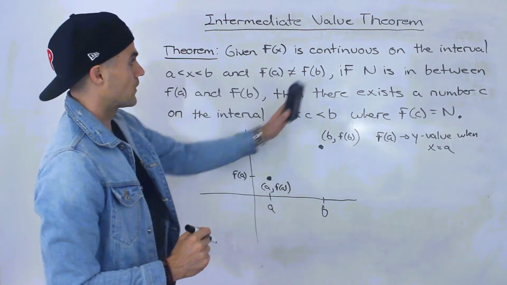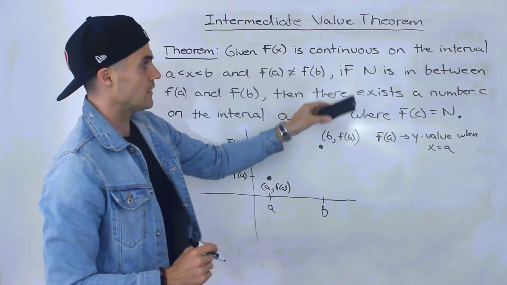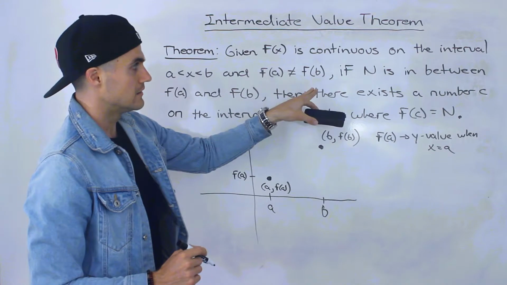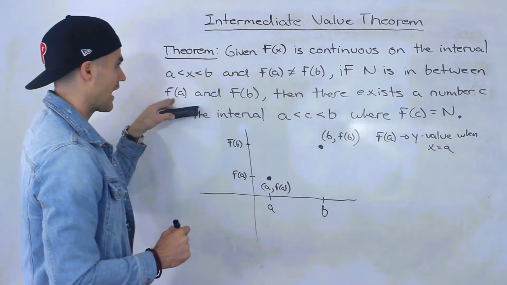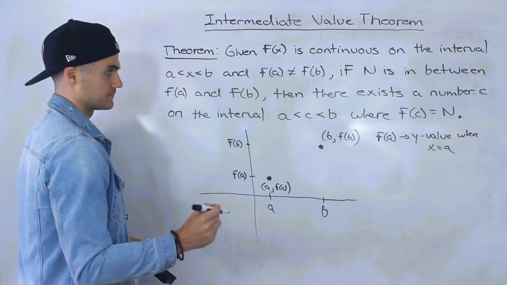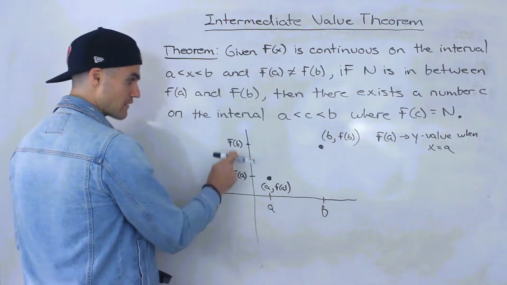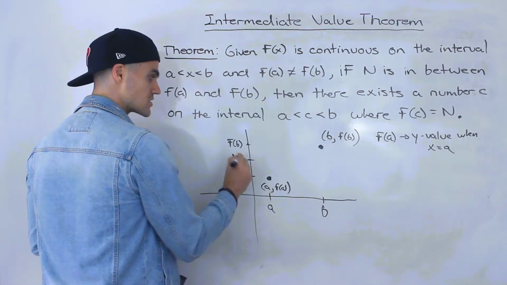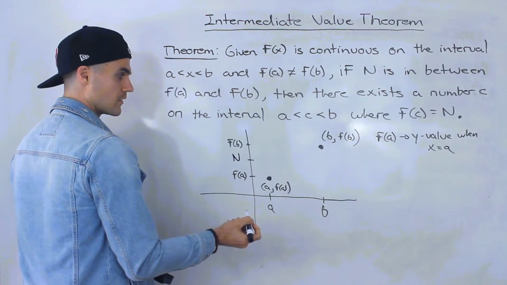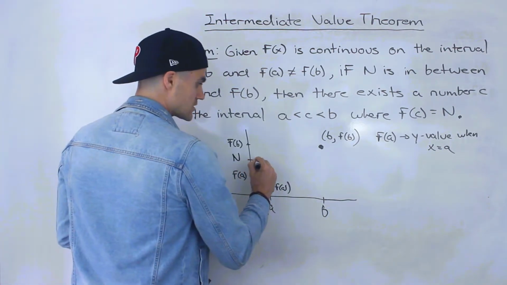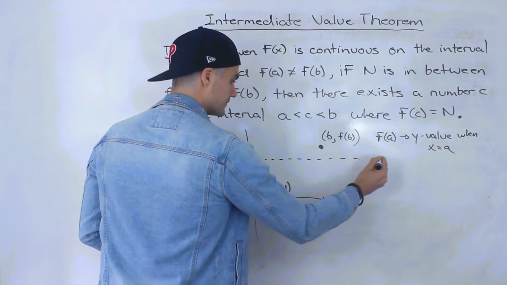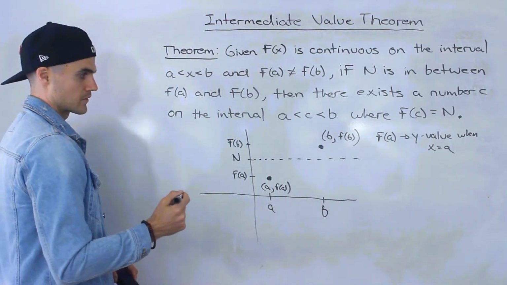Okay, so we're up to here, and then we're told if n is in between f of a and f of b. So the number n is in between f of a and f of b. So let's say n is over here, right? And so let's draw a dotted line for n, right?